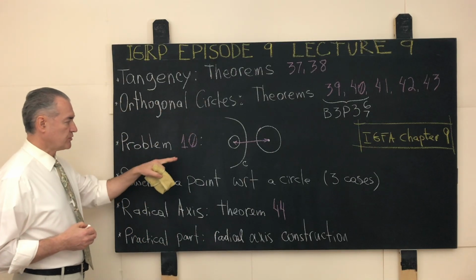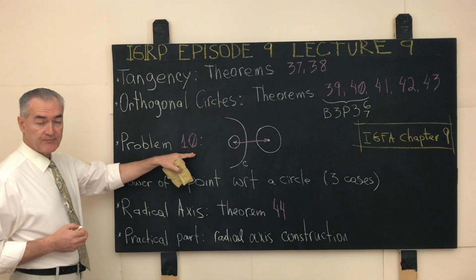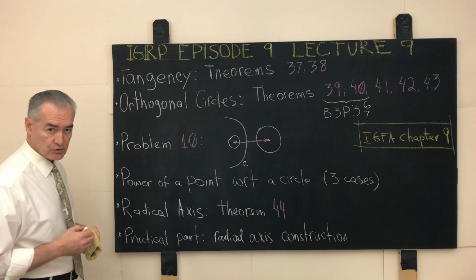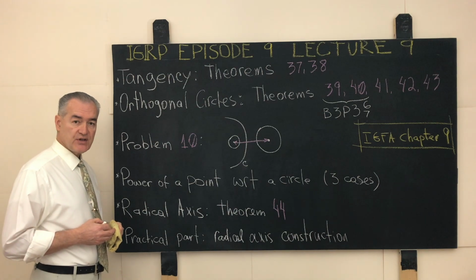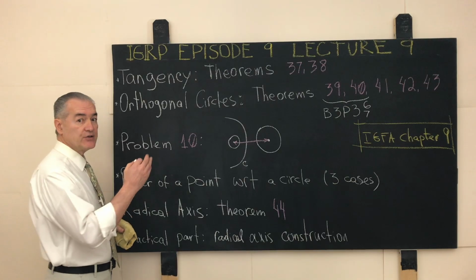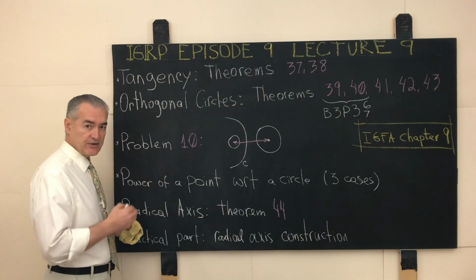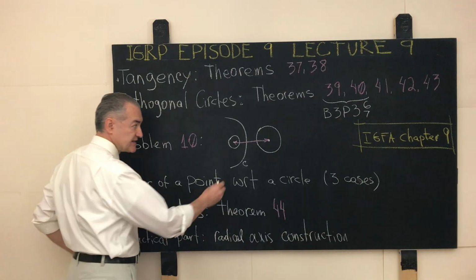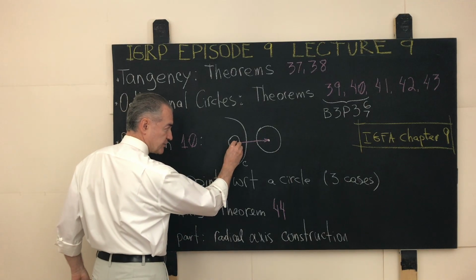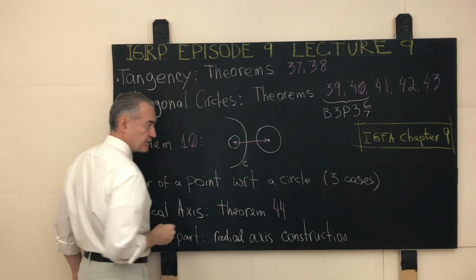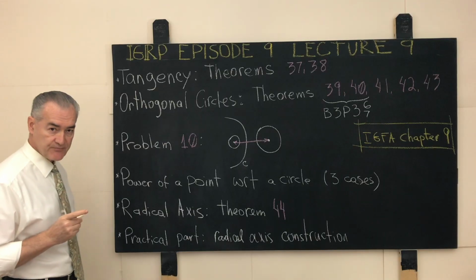Then we will solve the problem number 10, in which we will address the remark that we made earlier in the course, that when a circle is taken into a circle under the corresponding inversion of the real plane with respect to a circle, then the center of the circle that is being inverted is not taken into the center of the image.